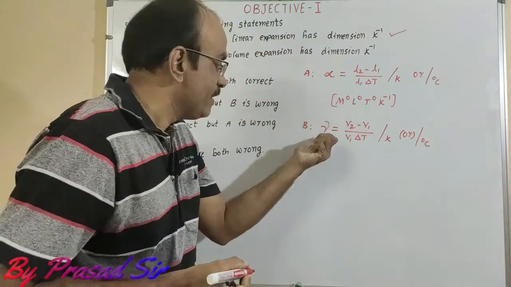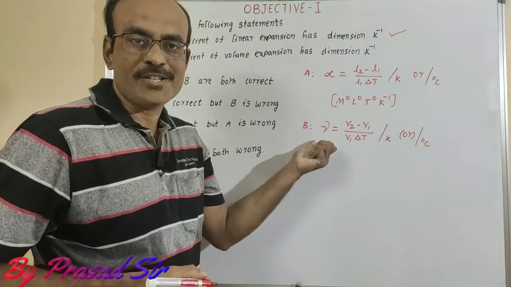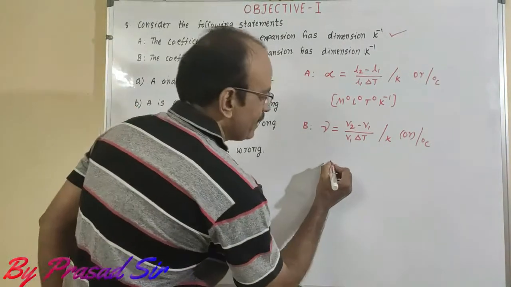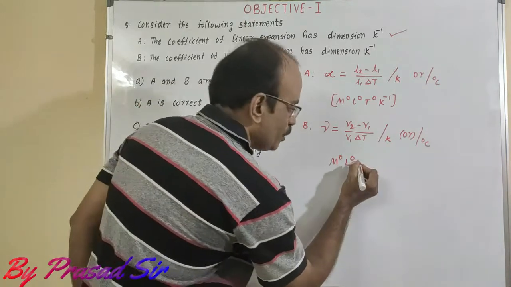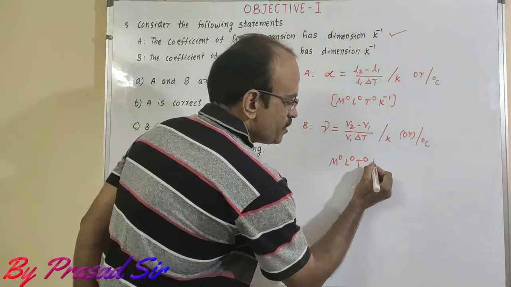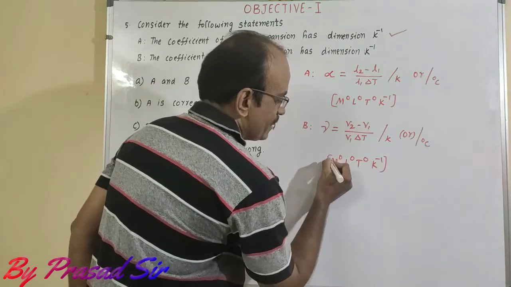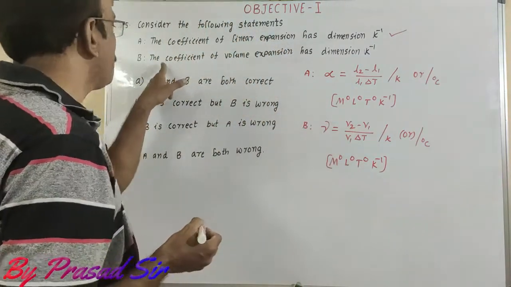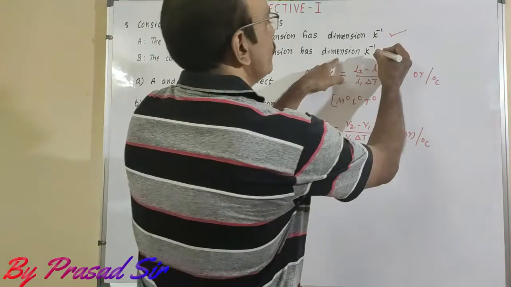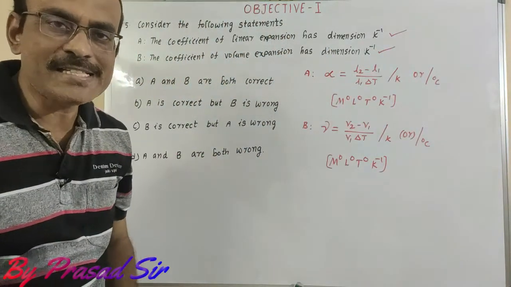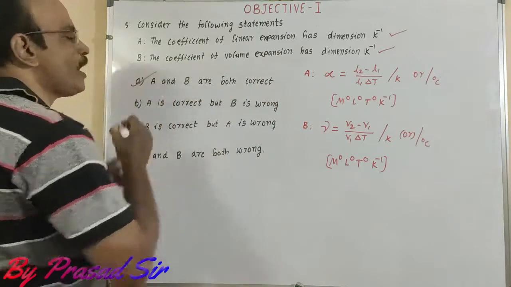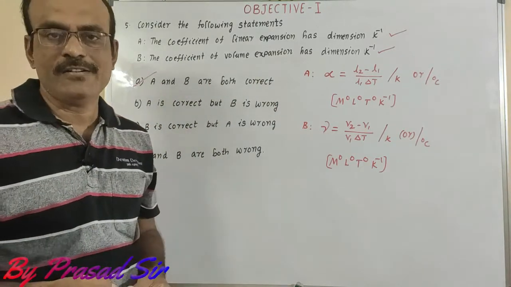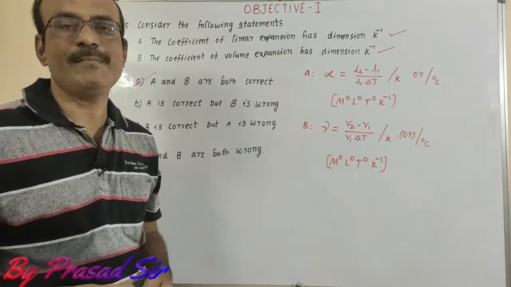The dimensional formula is also M to the power of 0, L to the power of 0, T to the power of 0, and K to the power of minus 1. Now see that statement B is also correct. So A and B are both correct, and option A is the correct solution for question number 5.